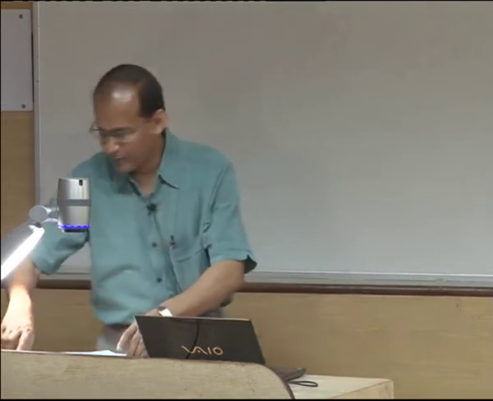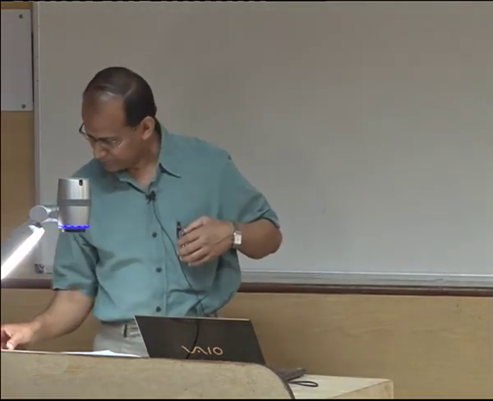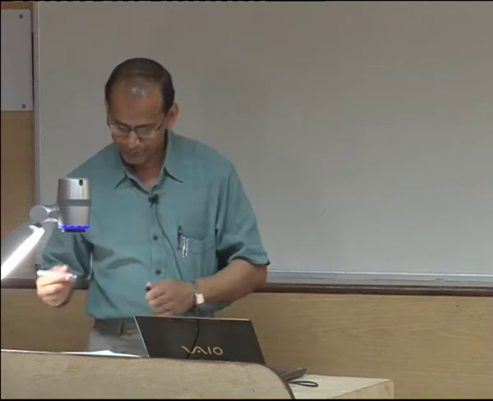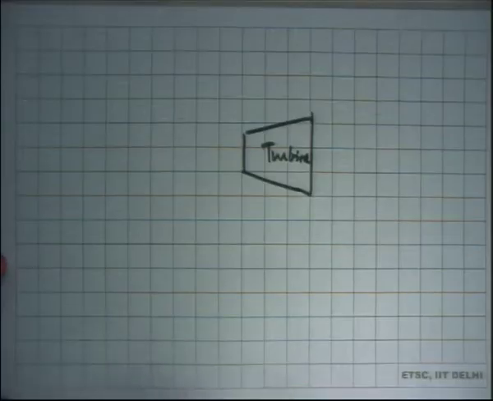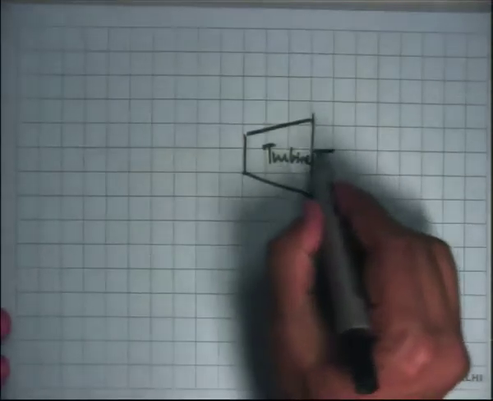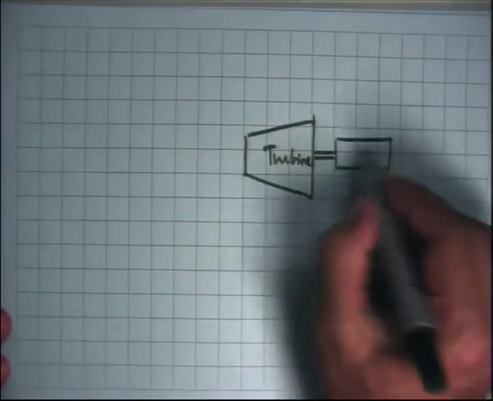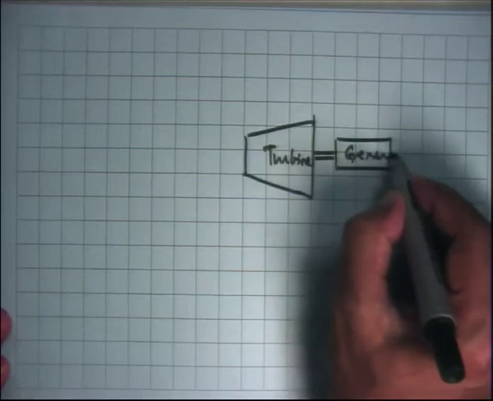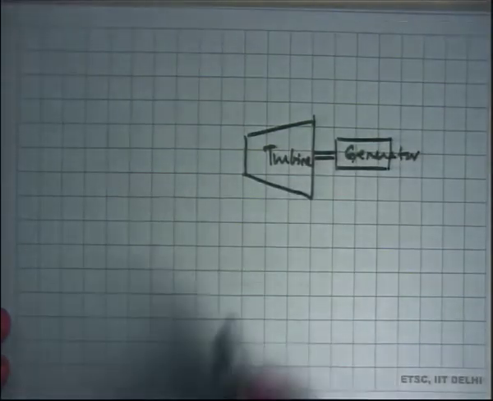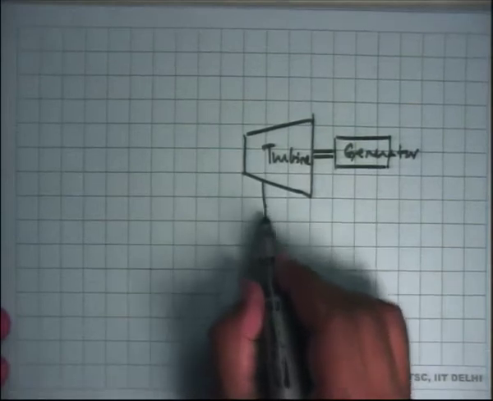So let's try to put them in perspective. Turbine, which is the main power producing unit, connected to the generator. Right under the turbine was the condenser.